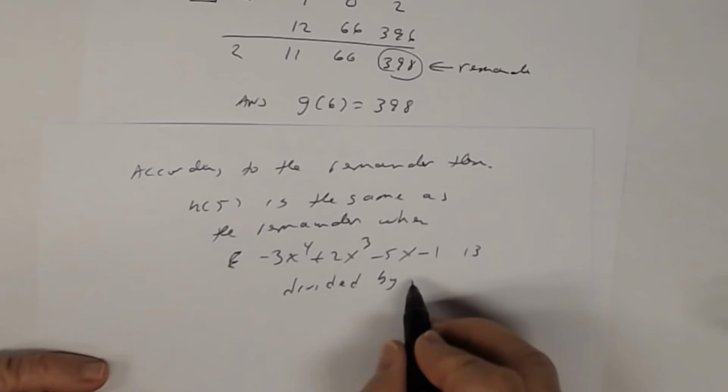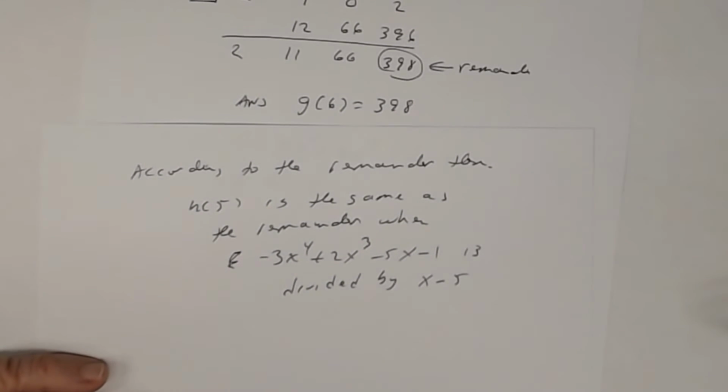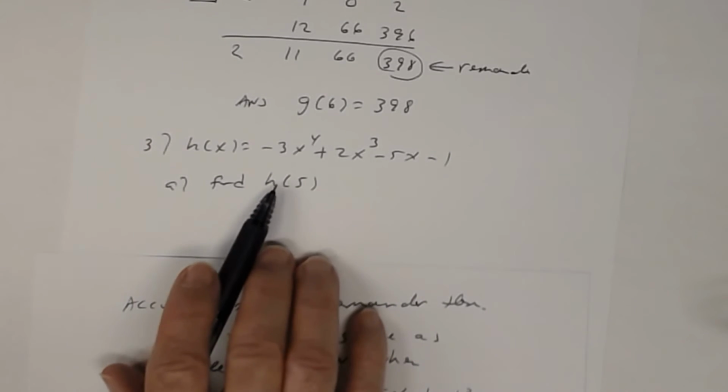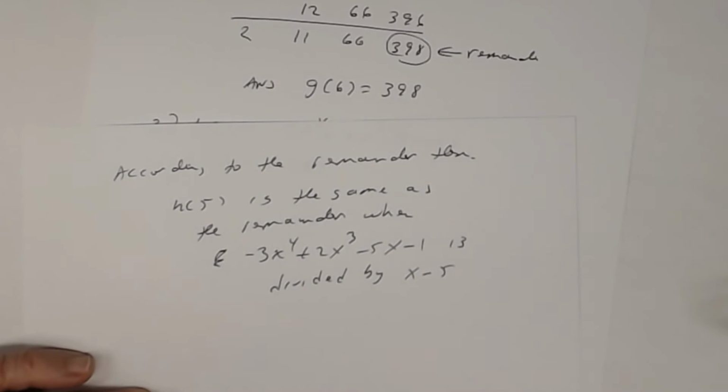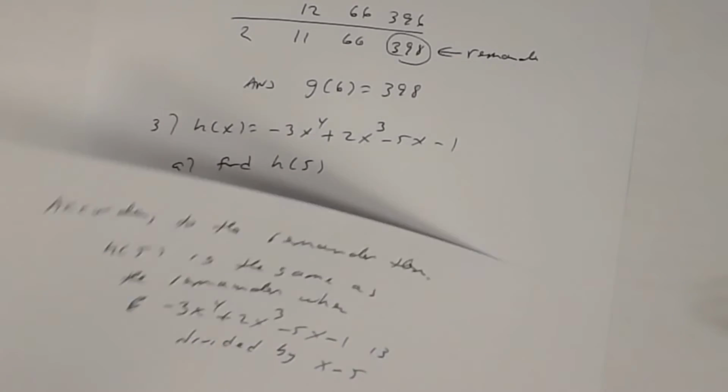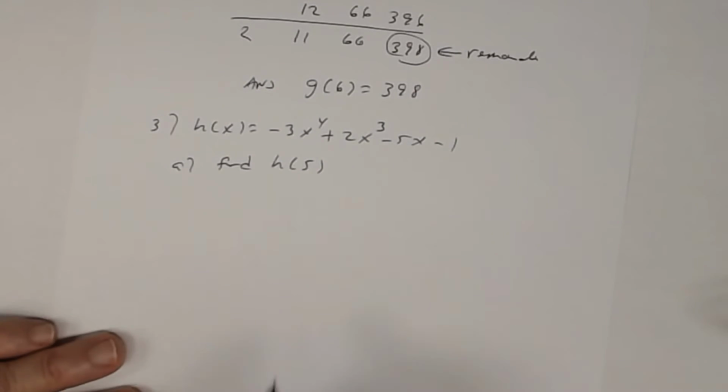So it's the same as being divided by x minus 5. Okay, if it was h of negative 5, this would be x plus 5. So that's the idea. But here's the work you're going to do.